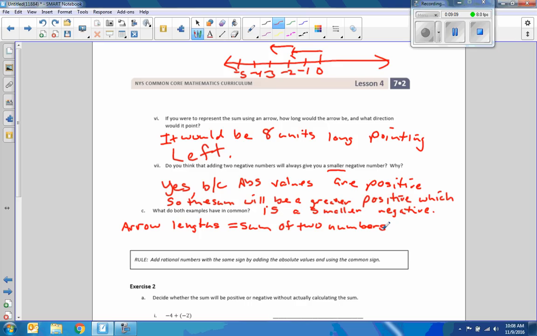The sum of two numbers with the same sign is the same as the sum of the absolute values. So the arrow length is the sum of the 2 numbers, the same sign, is the same as the sum of the absolute values of both numbers.